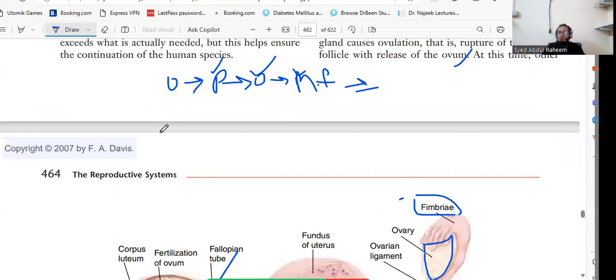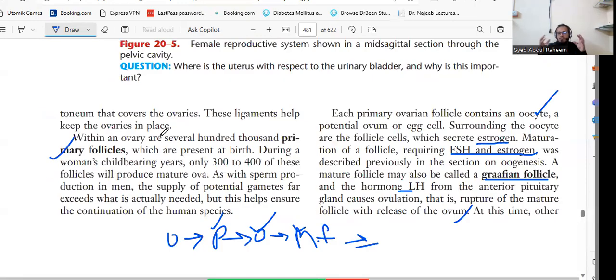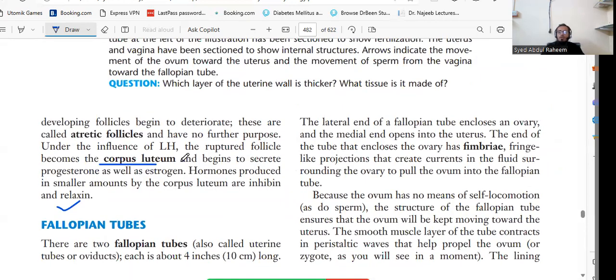After that, the release of the ovum will happen. The ruptured follicles become the corpus luteum, and they will secrete estrogen and progesterone in smaller amounts.